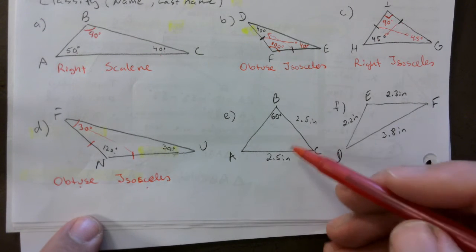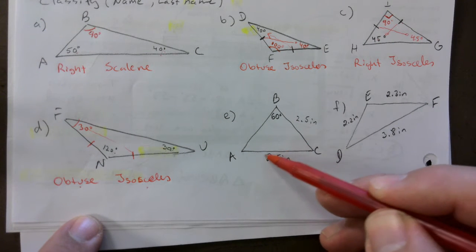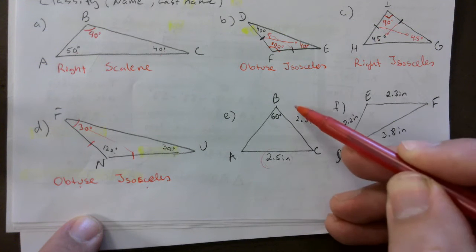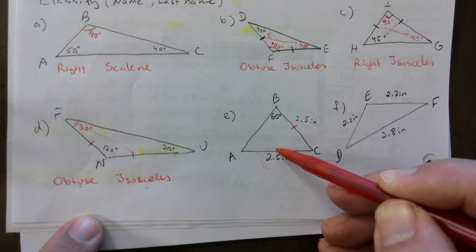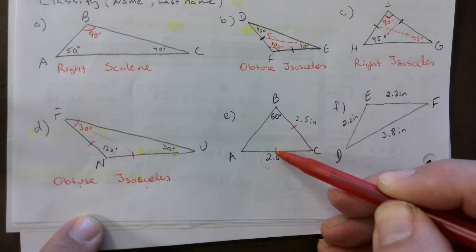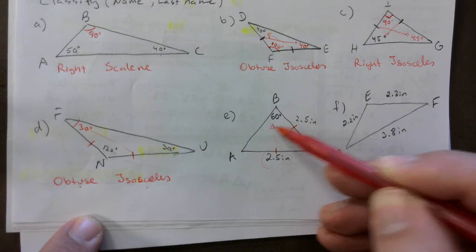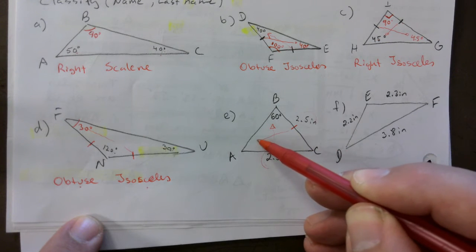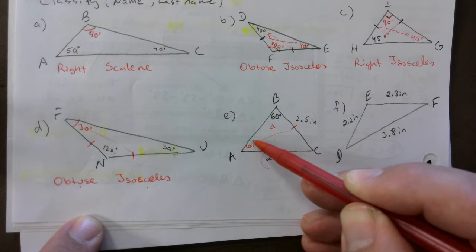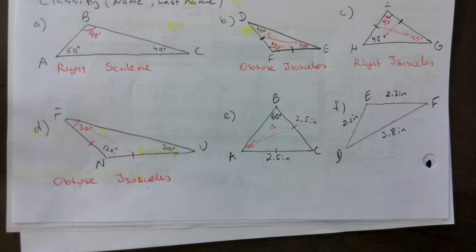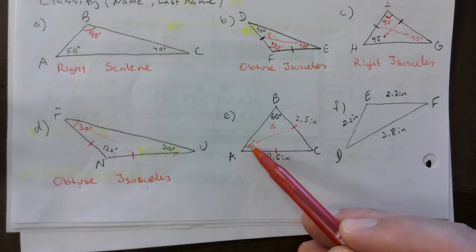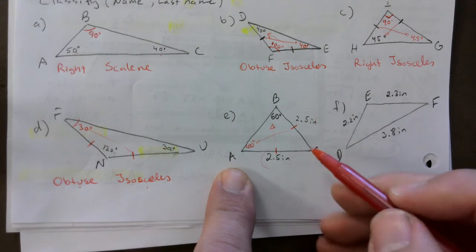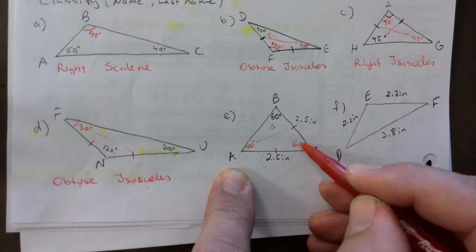Here we have no markings, but you know that 2.5 and 2.5 are the same. And across this side, you have a 60. That means across this side, you have a 60 as well. And then you're like, wait a minute. If this is 60 and this is 60, this has to be 60 as well.